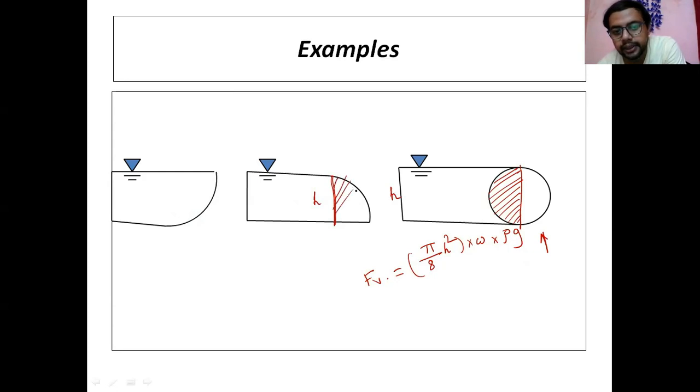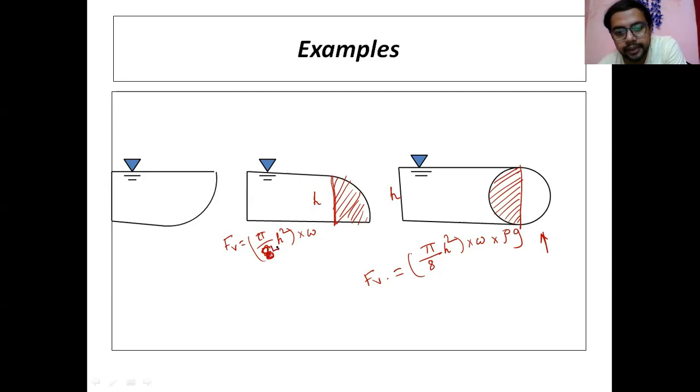So FV is equal to, this is a quarter of, so pi by 16 h square W. Actually, h is the radius here, not the diameter.